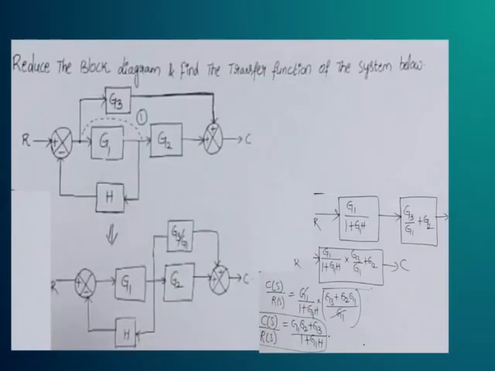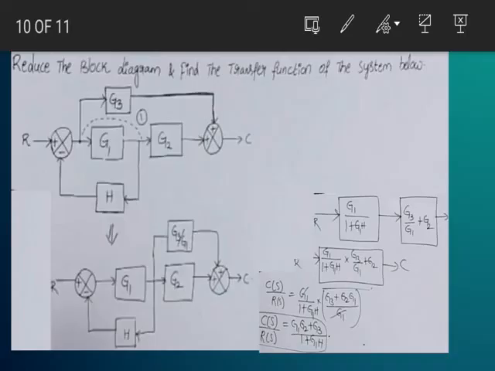Coming to the example: reduce the block diagram and find the transfer function of the system below. Here is the given block diagram. First we have to move the branch point ahead of the G1 block. It means G3 by G1.